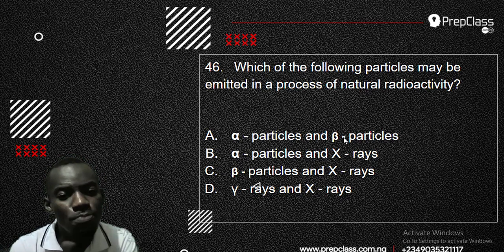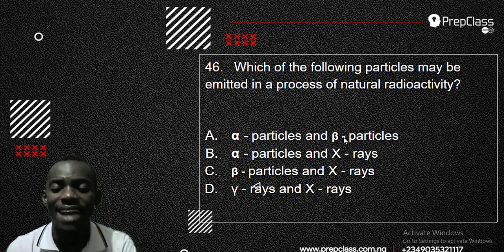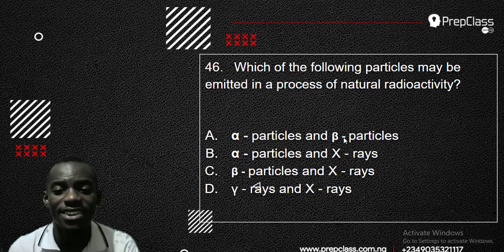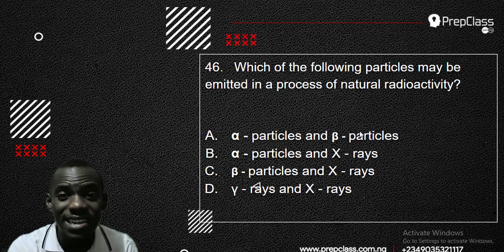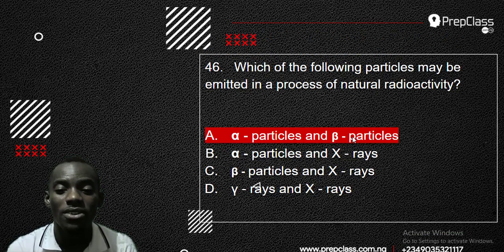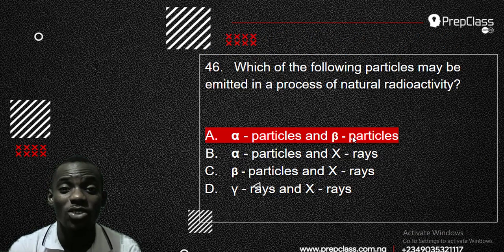But B is poisoned by the X-ray. Alpha and X-ray, X-ray has poisoned option B. Then option C is beta and X-ray. X-ray poisoned it again. Then D is gamma and X-ray. X-ray poisoned the gamma. So the only unpoisoned option is option A, and that makes option A the correct answer to number 46.